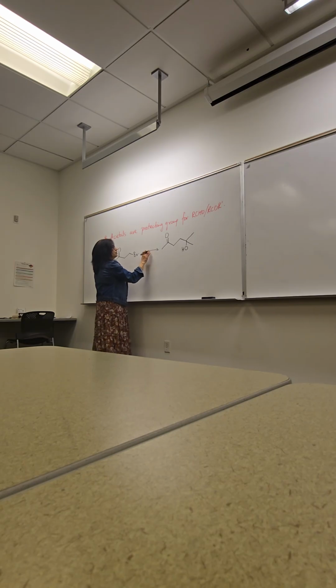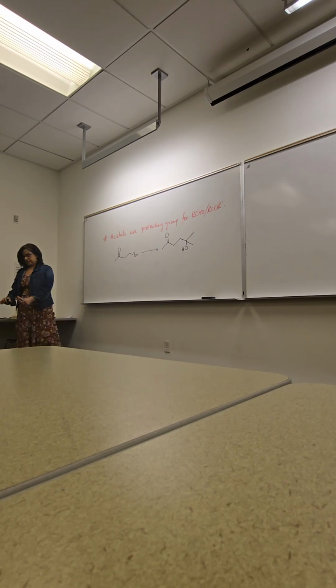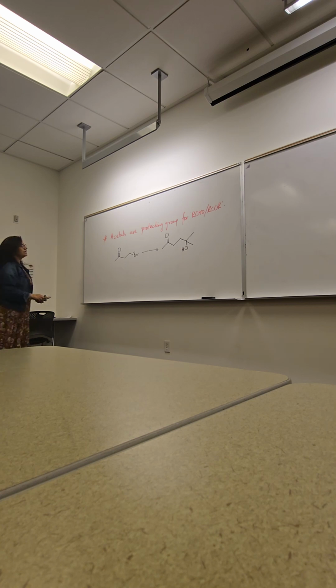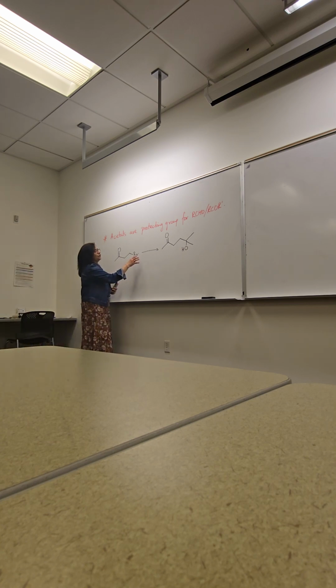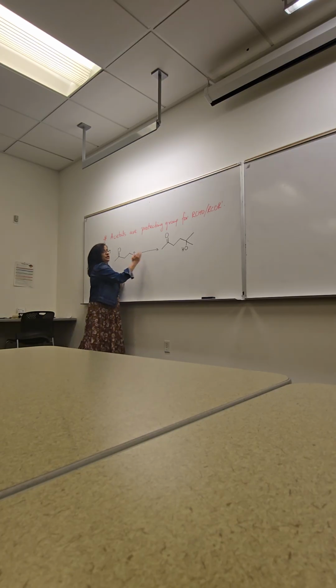Actually, that's wrong. Let's say I want to do this reaction. Can someone tell me what steps I would need to follow to convert this reactant into the product? Anybody? How will I go from here to there?